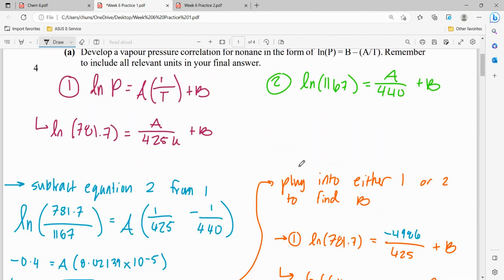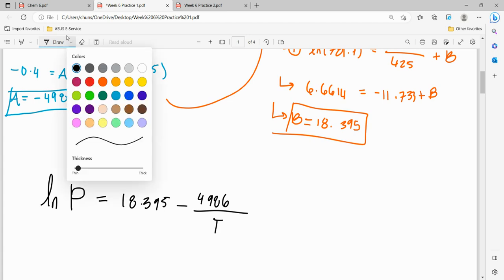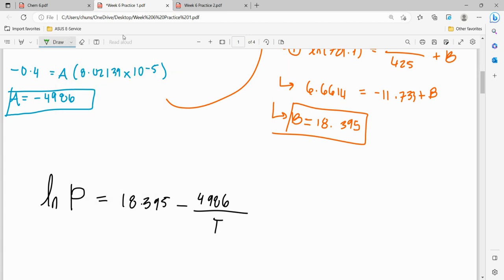Let's do this in our different form and move a couple things around. Let's put our B first because that's the form it wants it in. So we start with our B and then minus our A over T. This is our final answer for this question.